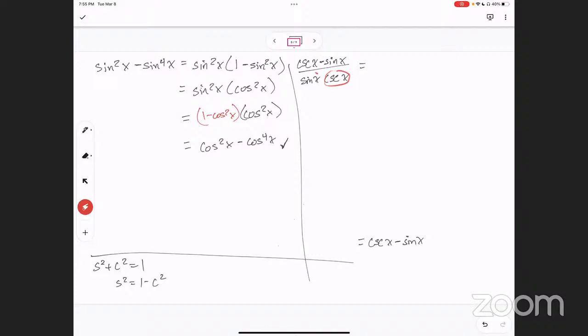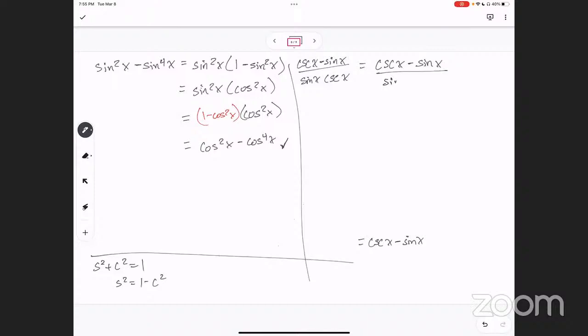Yeah, and what's 1 over sine times sine? Sine squared. No. What's sine times 1 over sine? Not divided by 1 over sine. What's sine times 1 over sine? Isn't it just 1? It's just 1. Yeah, it's gone. And then I'm done.